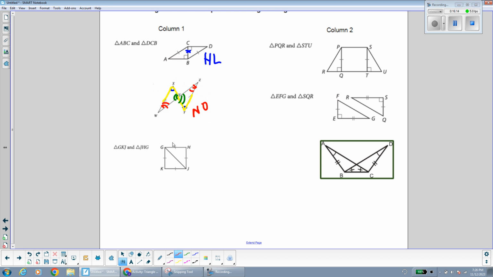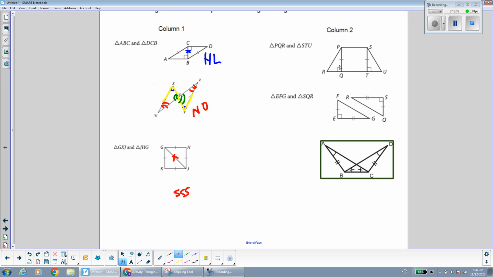Over here, we have a shared side. So we have SSS. All three pairs of corresponding sides are congruent to each other. Okay, up here, we're taking a look at this triangle and this triangle. We have a pair of sides and we have a pair of angles. These are right angles, so HL comes to mind, but we don't know anything about the hypotenuses.